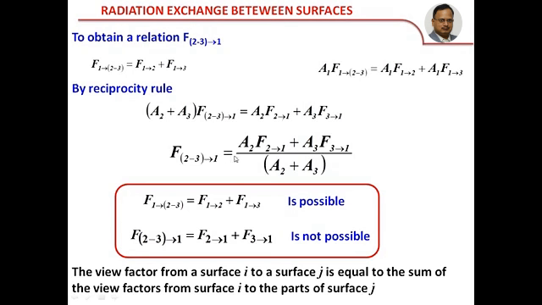So from this, I can say F2,3 to 1 equals A2 F2 to 1 plus A3 F3 to 1 divided by A2 plus A3. So in such a case, the fraction of energy emitted by body 1 and falling on 2,3 is equal to the sum of the fraction of energy emitted by 1 and falling on 2 plus energy emitted by 1 and falling on 3, put together.